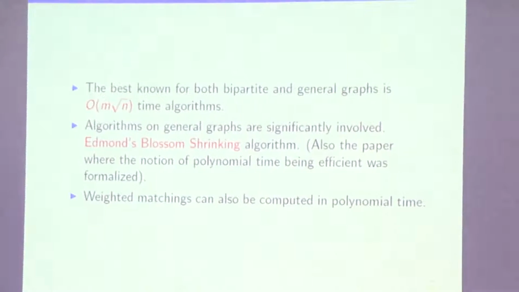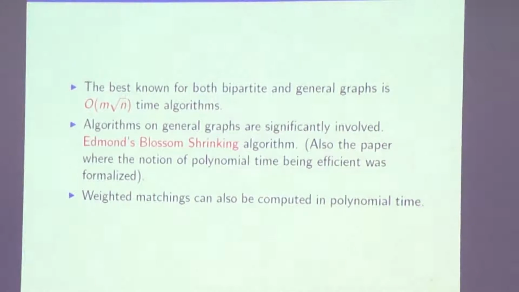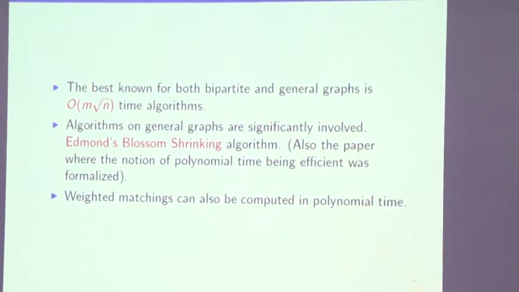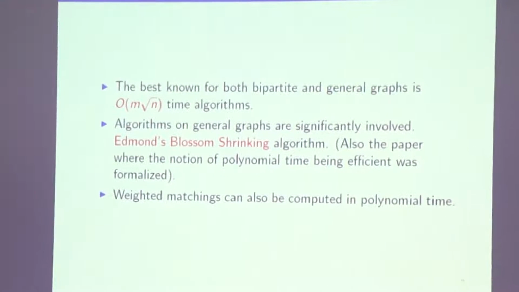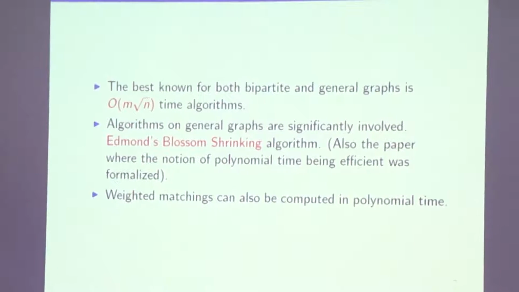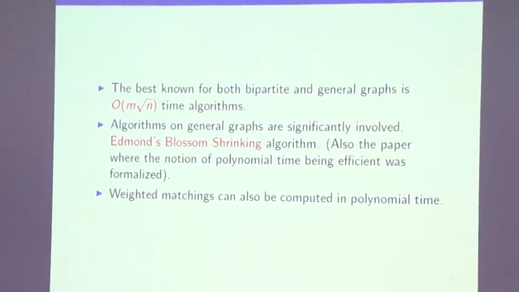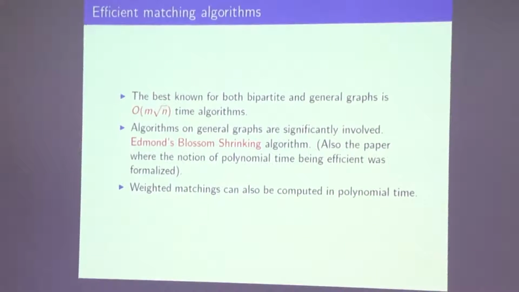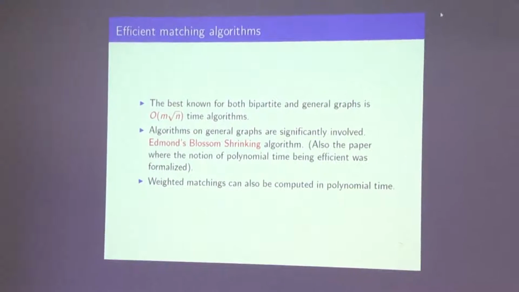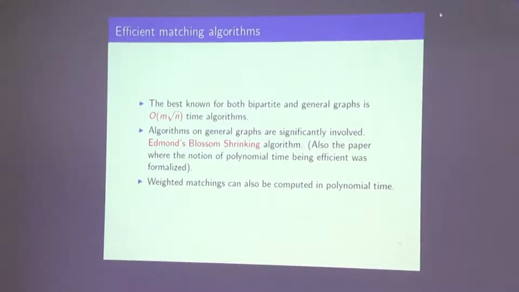And this is a famous paper by Edmonds, the Edmonds Blossom. This is not the title of the paper; the paper is actually called Paths, Flowers and something. It's a very classical paper, and it is also credited with the first time he formalized the notion of polynomial time being a measure of efficiency.